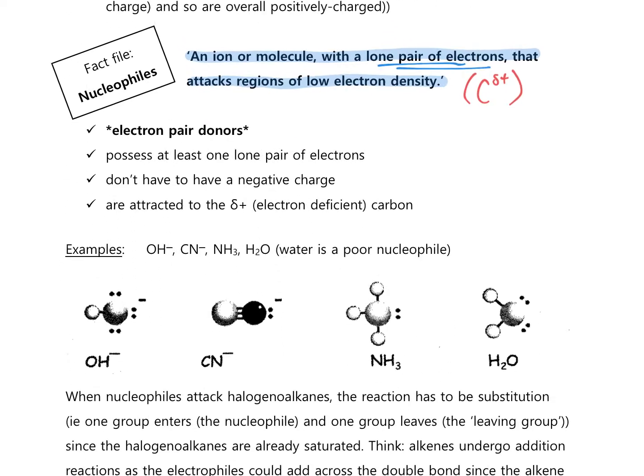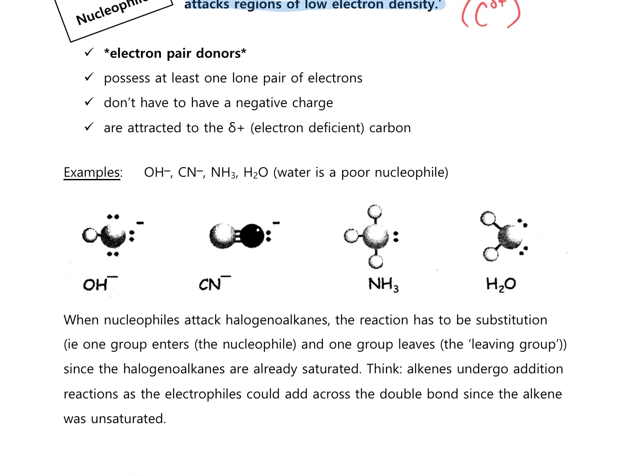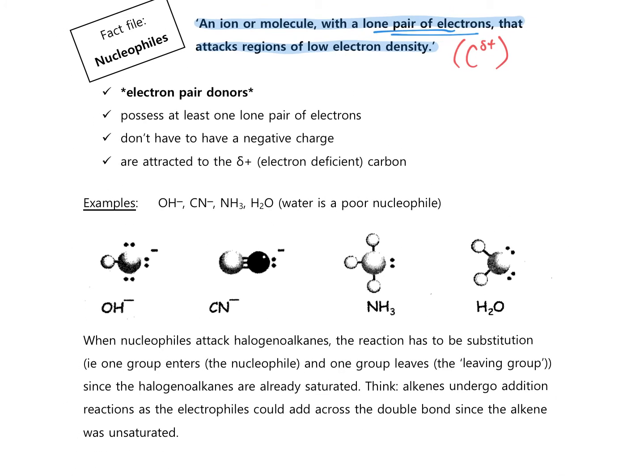So let's have a look at a few examples of some nucleophiles. We've got, first of all, our hydroxide ion here, OH minus. You can see that it has 3 lone pairs of electrons and a negative charge. Cyanide ion, CN minus, and we'll see the structure of that in a second, but it's basically a carbon triple bonded to a nitrogen with a negative charge sitting on the carbon atom, and it has 1 lone pair of electrons.